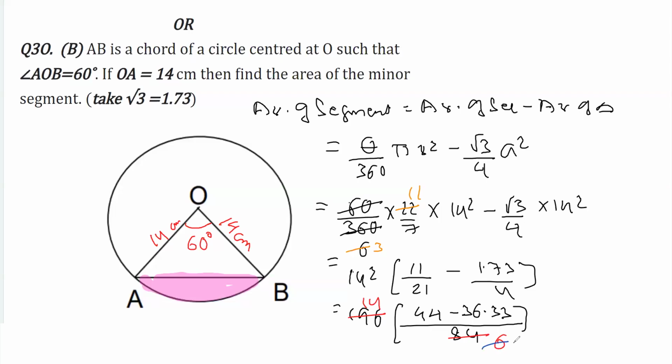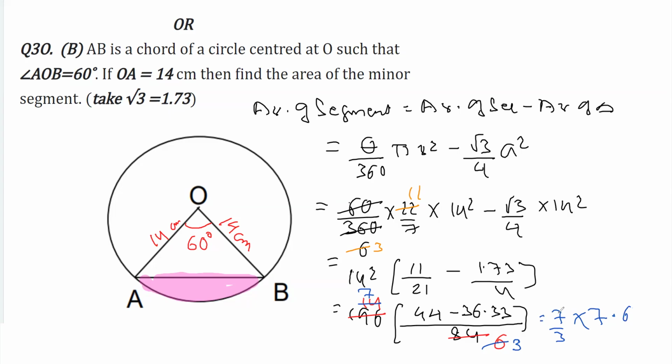This is 2, 3 times and 2, 7 times. So we have 7 over 3 outside. And from here, this is 44 minus 36.33, so it'll give you 7.67.